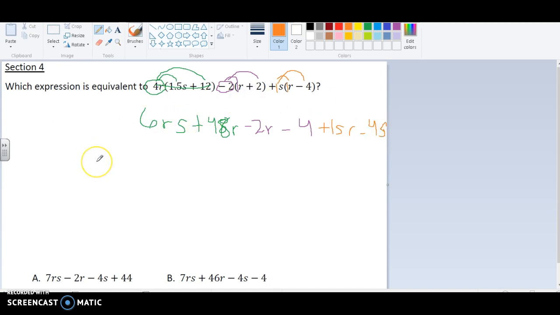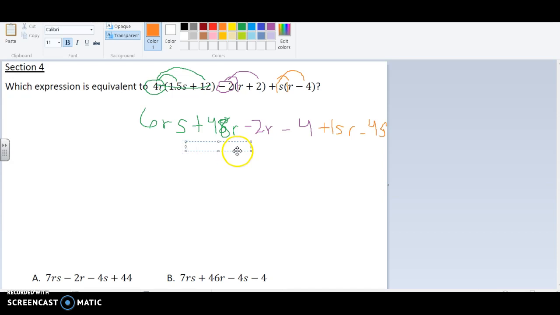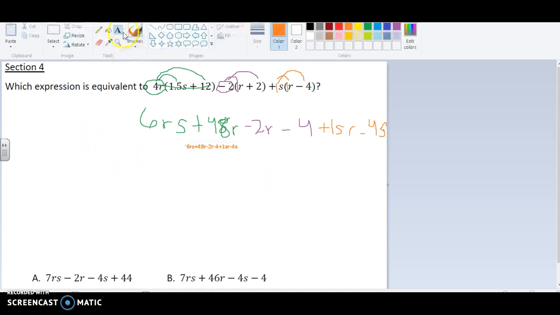All right, so now that we have that figured out, let me just type under there what we have. All right, so we should have 6RS plus 48R minus 2R minus 4 plus 1SR minus 4S, just in case you can't read that handwriting.